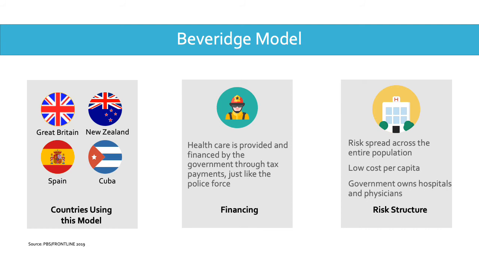They're deciding where the hospitals get built. These systems really have low cost per capita because it's the government. And they have a pool of everybody, so their risk is spread across all of the population. They are able to keep the costs down and control all of the different aspects of the coverage.